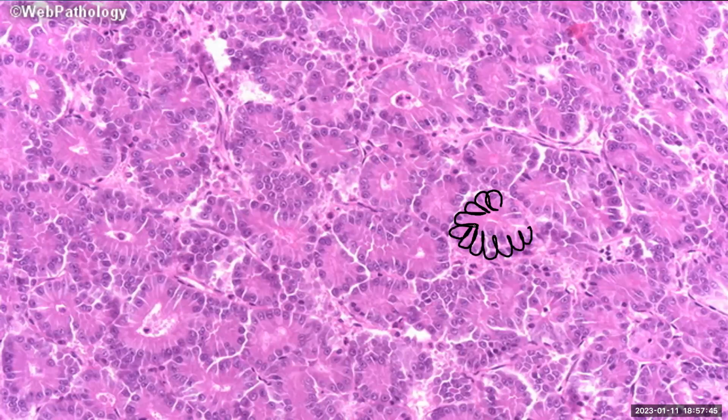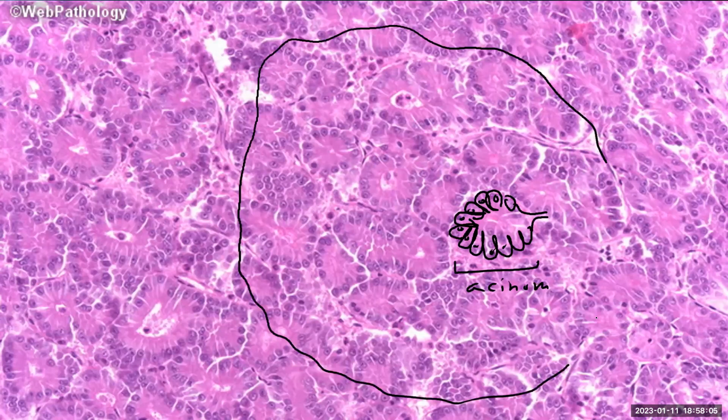So these are the acinar cells, and this is the acinus. If we take many acini like this, they make the lobule. So a collection of acini makes the lobules.